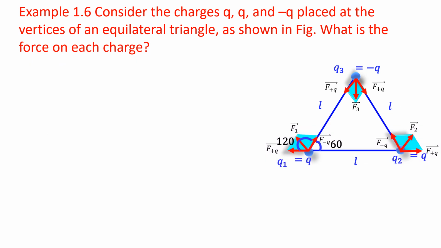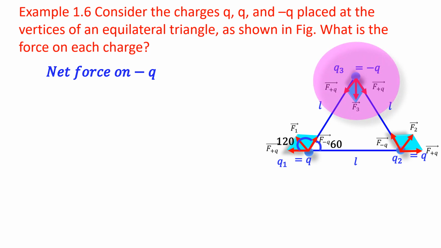Next we calculate the force on the charge Q3, that is minus Q. Here the angle is 60 degrees. The resultant vector can be calculated again by the parallelogram method. So the magnitude of F3 vector is equal to the square root of F plus Q square plus F plus Q square plus 2 F plus Q F plus Q cos 60.